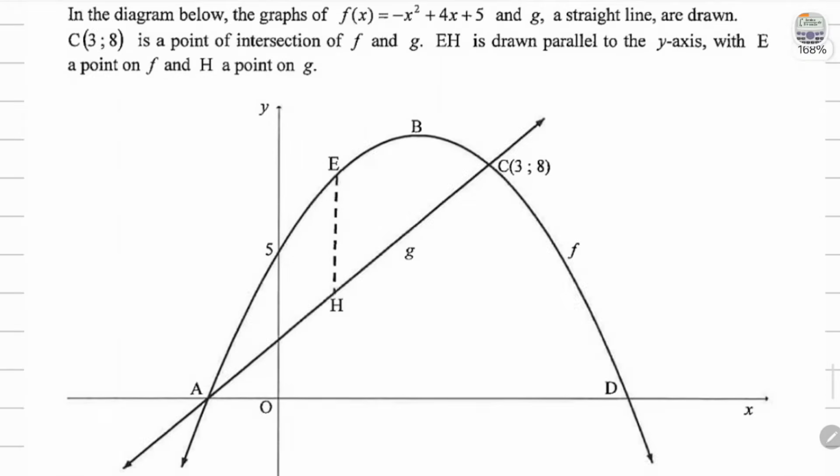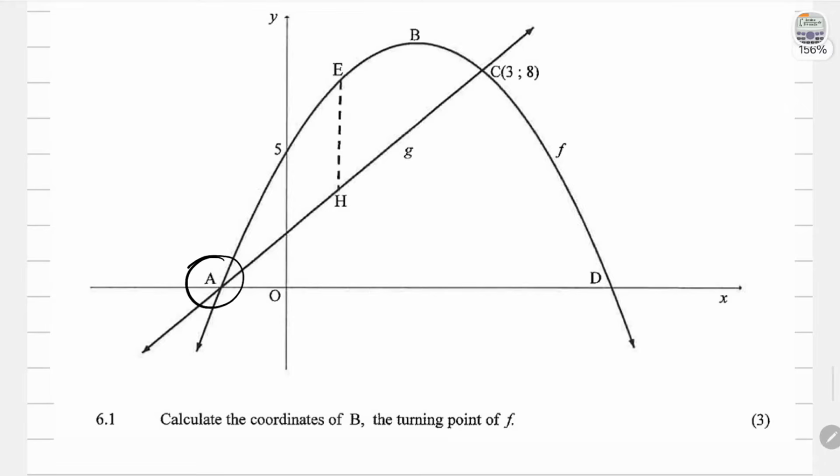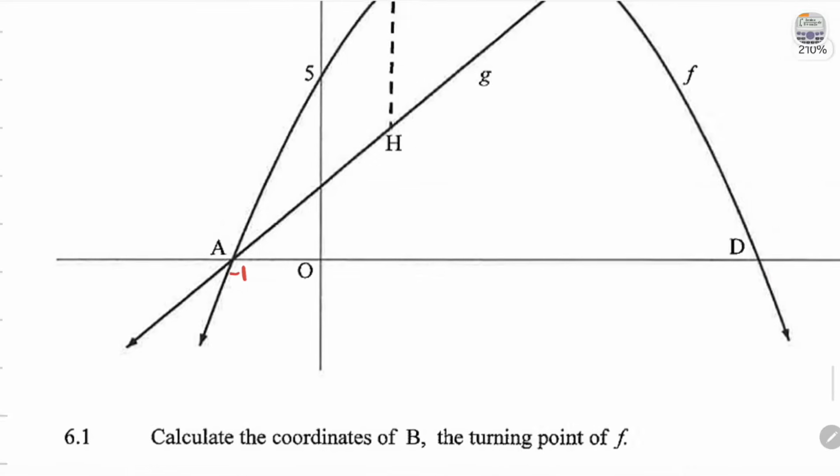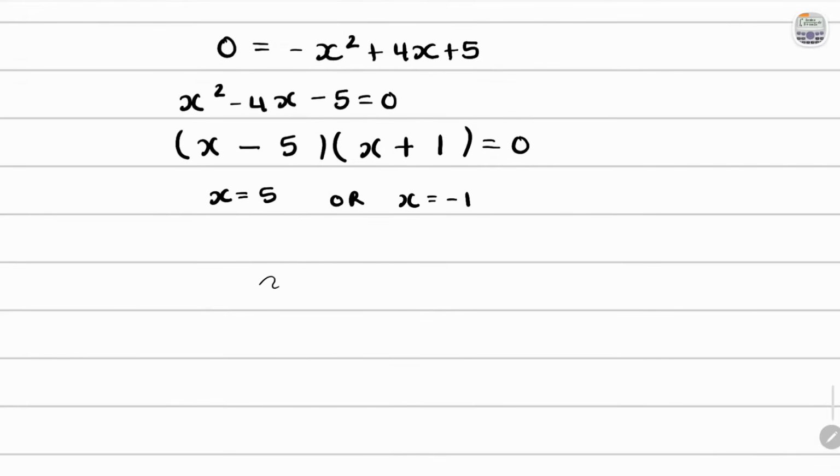Now we can choose which would be A and which would be D. They're both x-intercepts, so it's clearly the negative 1 that we're going to use for A, and the 5 would be D. So finally, A is (negative 1; 0).